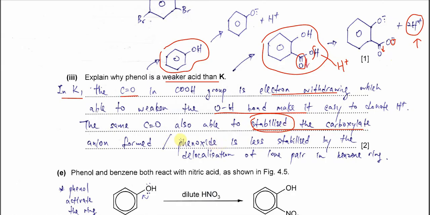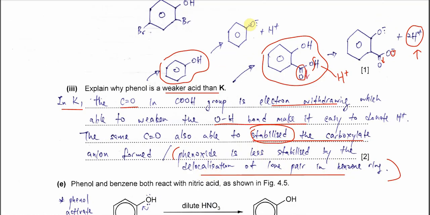Okay, after that, you can explain on phenoxide also. So phenoxide is less stabilized by the delocalization of the lone pair in the benzene ring. We know that in phenoxide, the lone pair on oxygen will delocalize in the benzene ring. But this delocalization is relatively less.